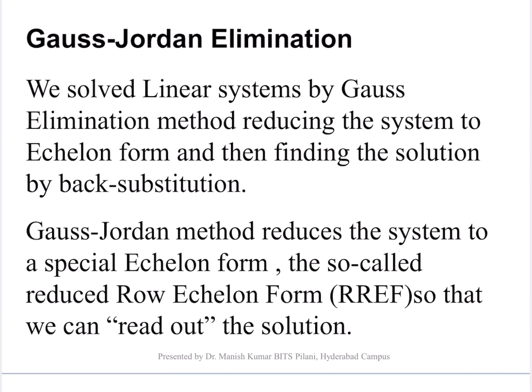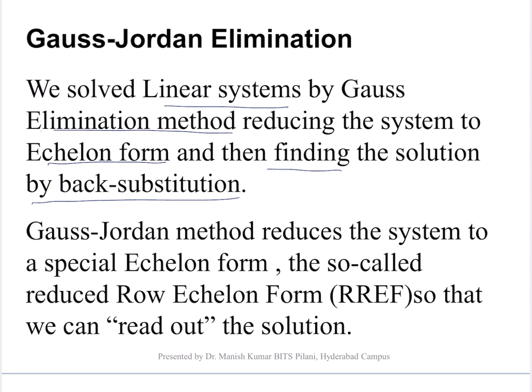So in Gauss-Jordan elimination we solve linear system by Gauss elimination method, reducing the system into echelon form and then finding the solution by back substitution, right? So generally in Gauss elimination what we do, we find a triangular system, right, using elementary row operation, and then do back substitution.